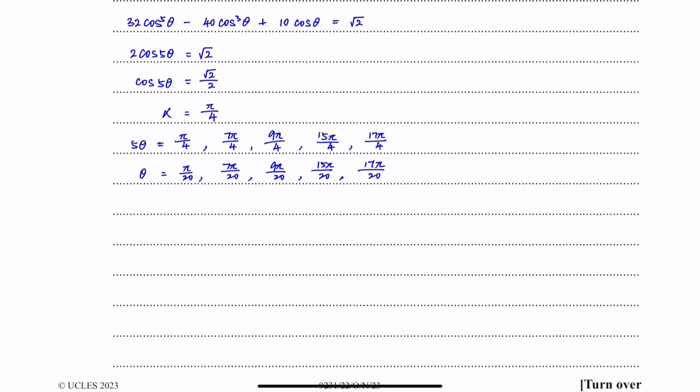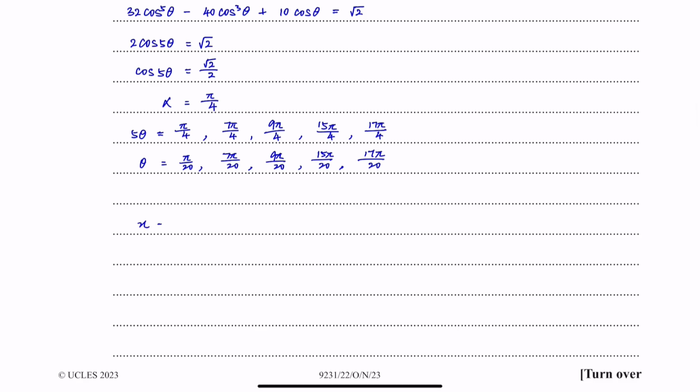So our final answer for x would be cos pi over 20, cos 7 pi over 20, cos 9 pi over 20, cos 15 pi over 20, and lastly we have cos 17 pi over 20.